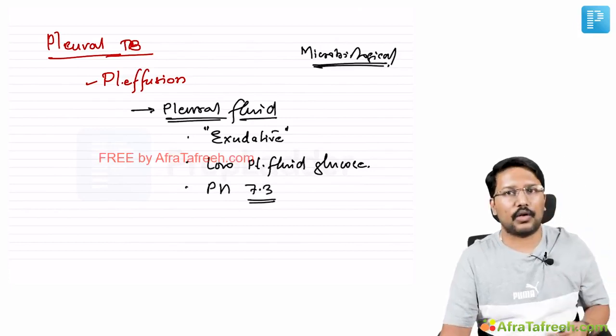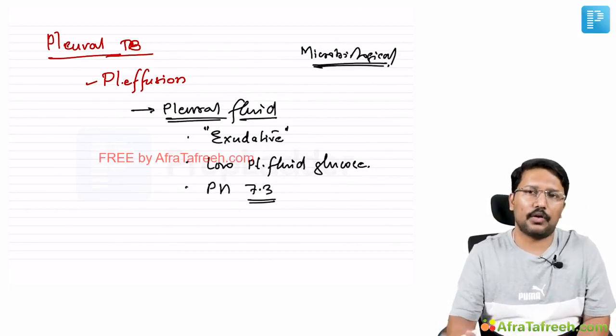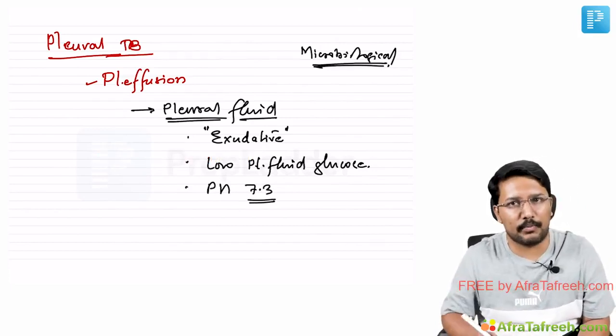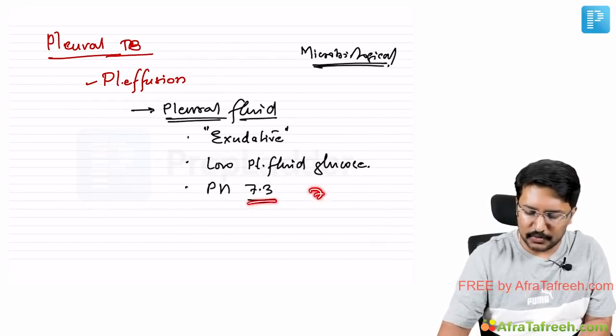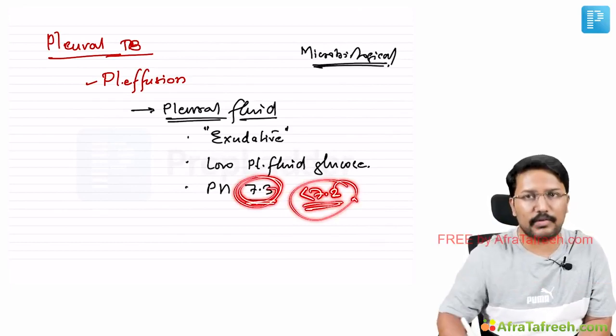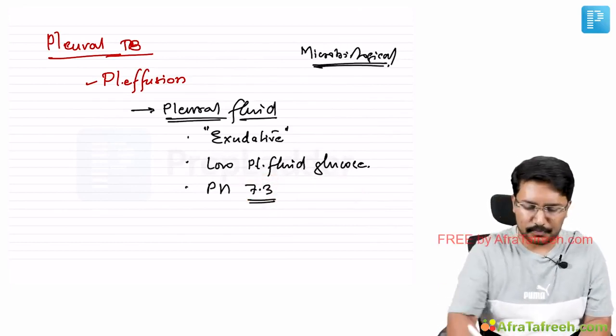When the pH is very low or acidic, we might start thinking of either secondary bacterial infection, or that the effusion may be caused by an empyema rather than tuberculosis. But sometimes even in the absence of infection, it can present with a pH less than 7.2, but in most cases the pleural fluid pH is around 7.3 or slightly higher.